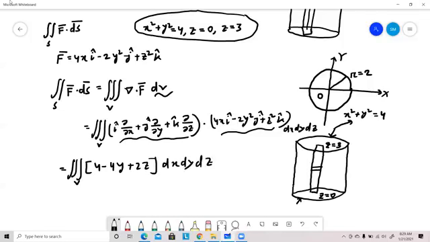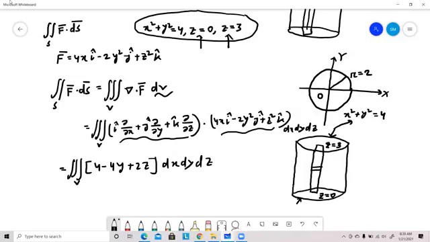Okay, now since there are three variables and the number of integrals is also 3, we have to impose the limits now. The limits of z are given directly in the question, from 0 to 3.